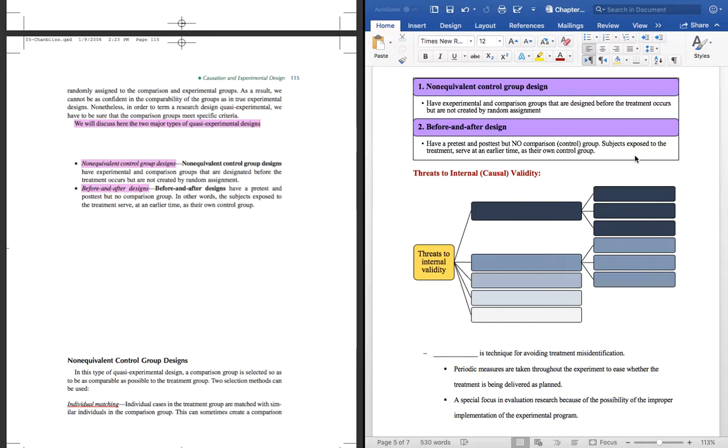Then they receive a treatment and then become an experimental group. So the variables that we are going to measure before the treatment is a control, and then after the treatment is established, the measurements at the post-test are going to be our experimental group.